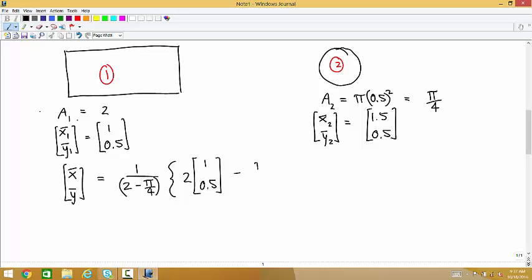Minus the area of the second one times its centroid. And if you go through that calculation, you get something in decimals that's like 0.68, 0.5.